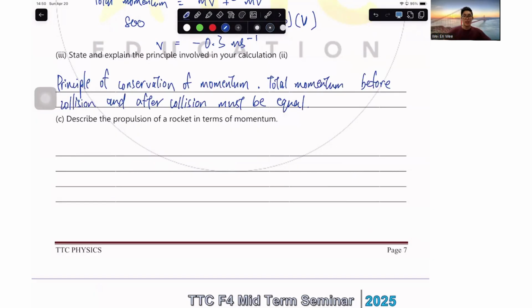Hey, do you remember how to explain how a rocket works or not? How many times I taught you this already? Yeah? How many times I asked you to copy that paragraph? The paragraph that will always get you full marks one.